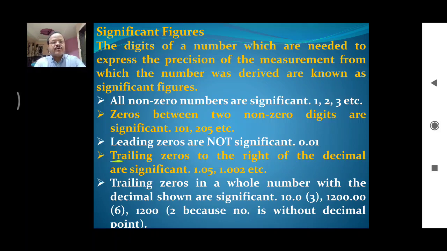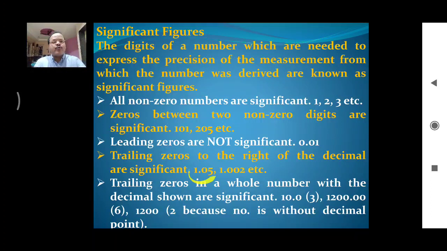Now the fourth case, trailing zeros to the right of the decimal are significant. The zeros towards the right side of the decimal point will be considered as significant ones.